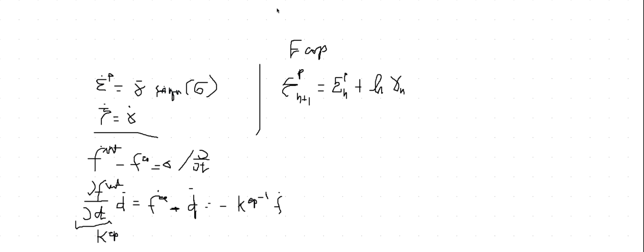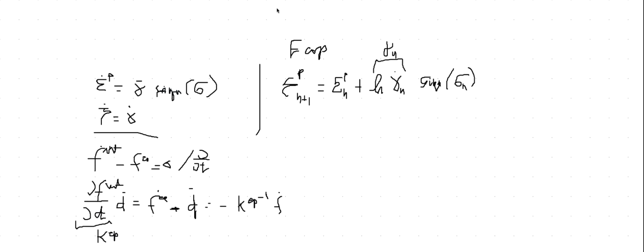Often these two together are called gamma n without dot, times sine of sigma at time Tn.